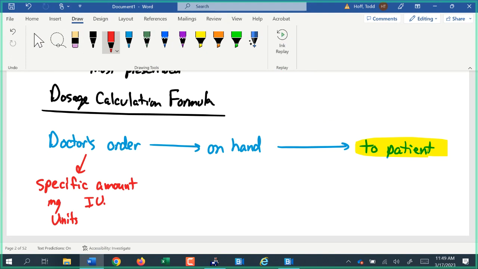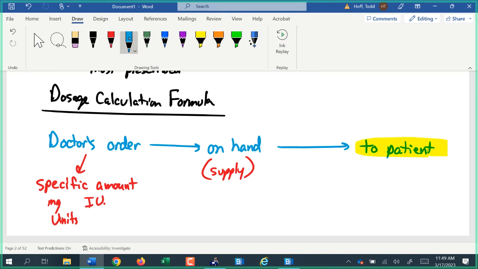And then what's on hand, that's going to have to get translated based on what our supply on hand is. So again, it might be a 200 milligram tablet or 25 milligrams in 5 milliliters like we saw up above, whatever that concentration or whatever the on-hand dose or supply is.